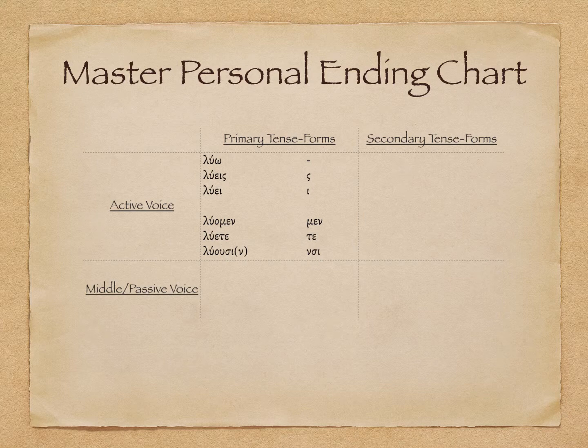When I look at this and how I have memorized it, I just use luo as the basic idea and think of o, eis, ei, just putting in the endings themselves, omen, ete, ousin. You'll want to memorize those endings, and they generally stay consistent. There's a nuance or two along the way, but you'll want to memorize those as we go.